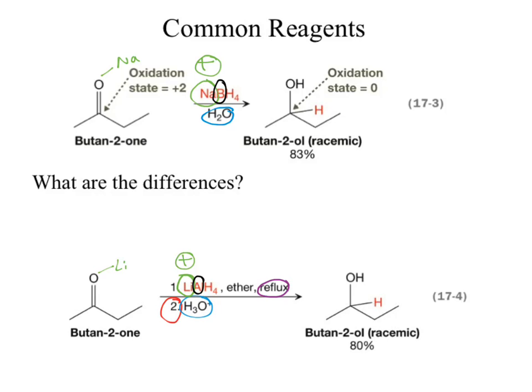Okay? So just a swap of the counter metal, the metal ion that we never ever draw out in our reactions, by switching to a smaller one, we polarize that pi bond further, which then makes our carbonyl even more reactive. Okay? So if, instead of using sodium borohydride, I move to lithium borohydride, guess what happens? Becomes more reactive.